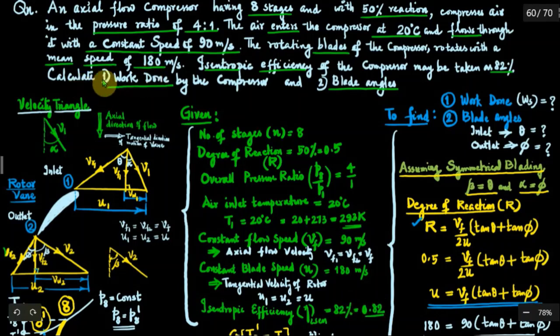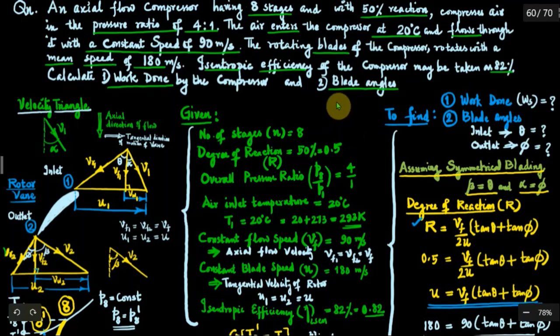Now, we have to calculate the work done by the compressor. So, work done for all the 8 stages together, and you can calculate the individual work done per stage also. Then blade angles at inlet and outlet you need to find out, because blade angles you have to determine. So, inlet and outlet, that is theta and phi.